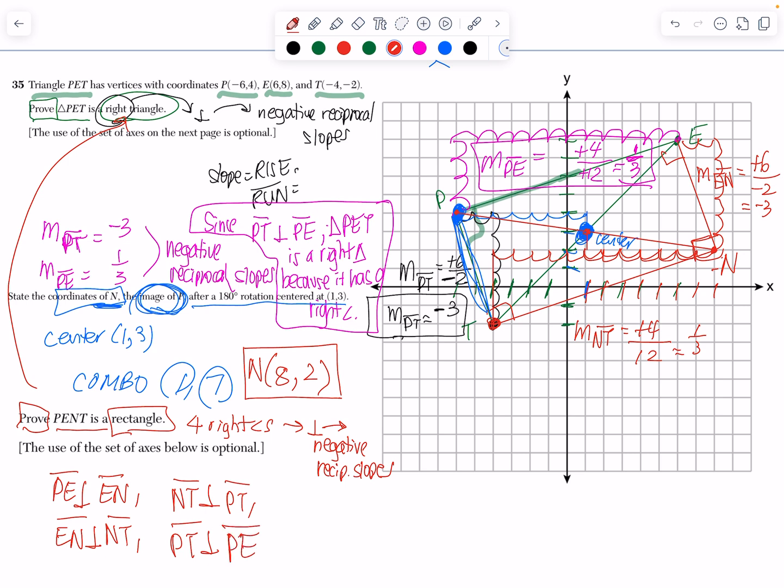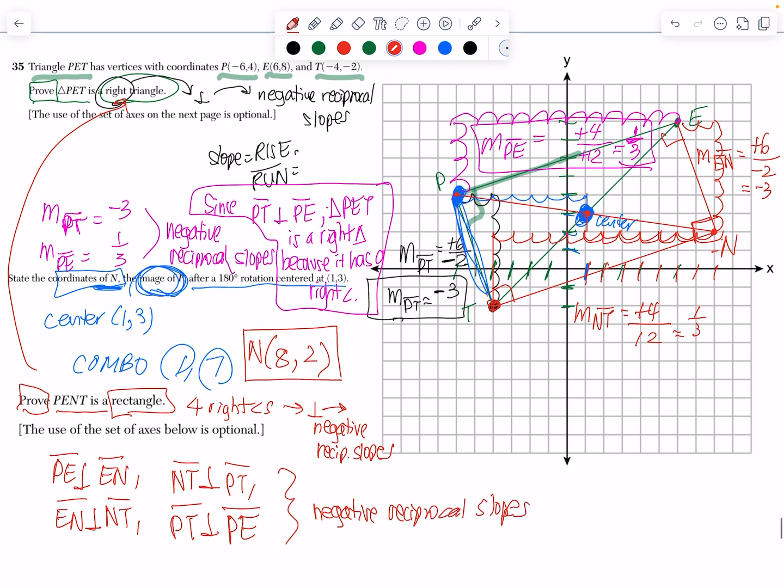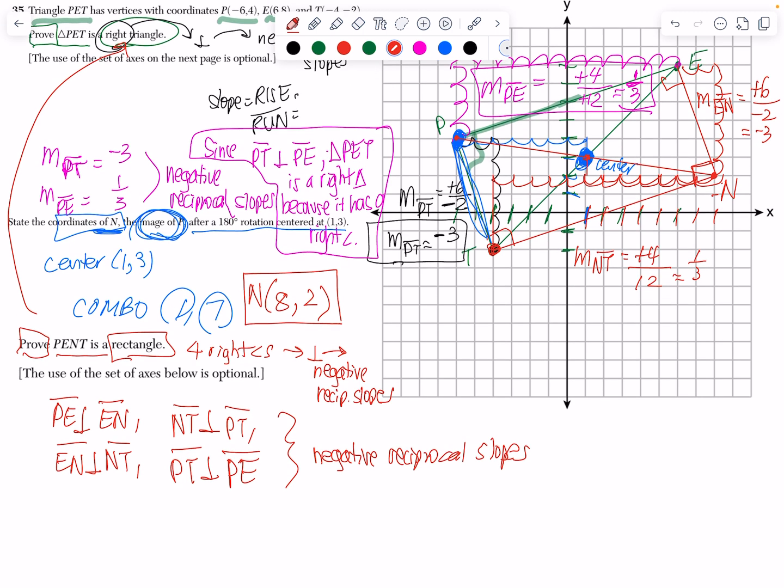So we just showed four corners are perpendicular, and what was the reason? Negative reciprocal slopes. And so we can write our final statement: PENT is a rectangle because it has four right angles.